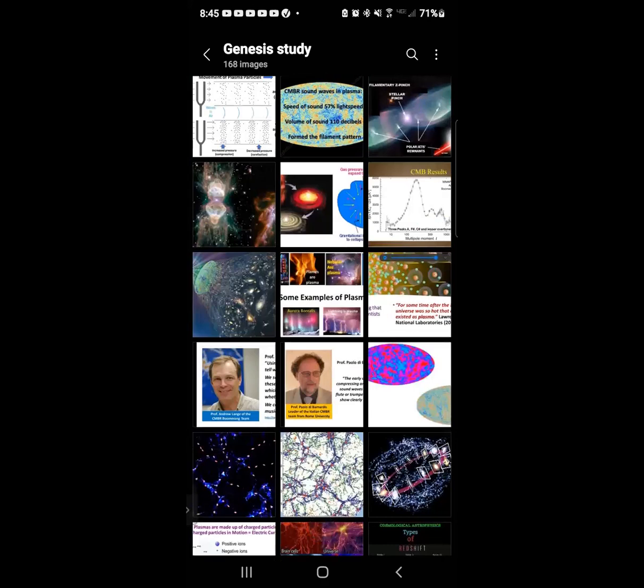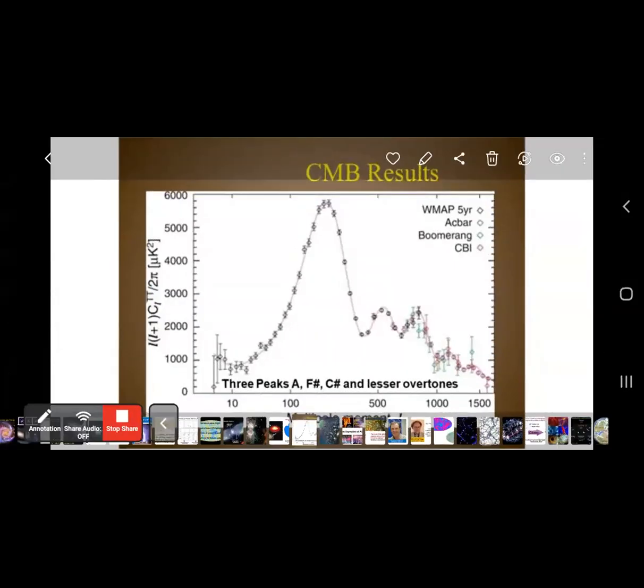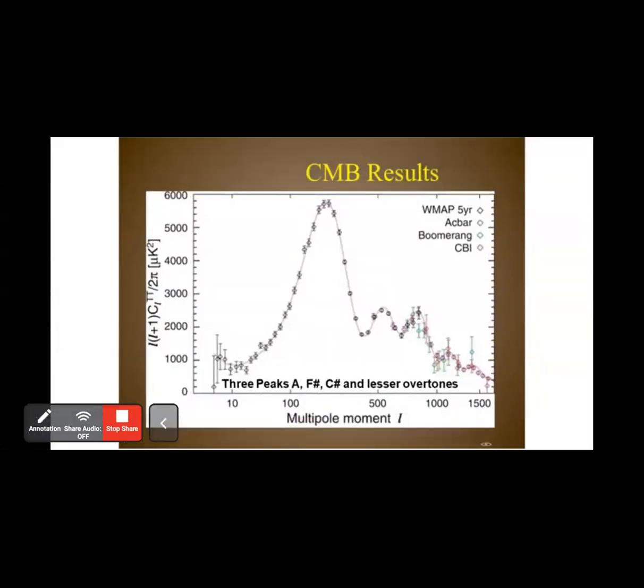So let's start here. This is an analysis of something we know as the cosmic microwave background radiation. This is a huge envelope that completely encompasses our universe.